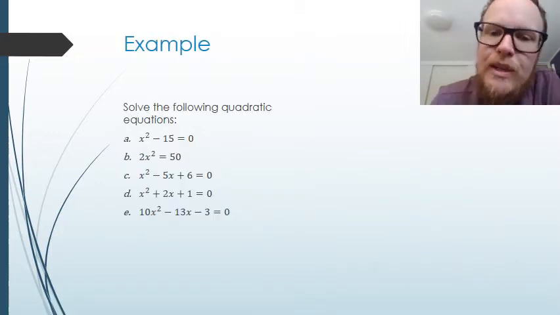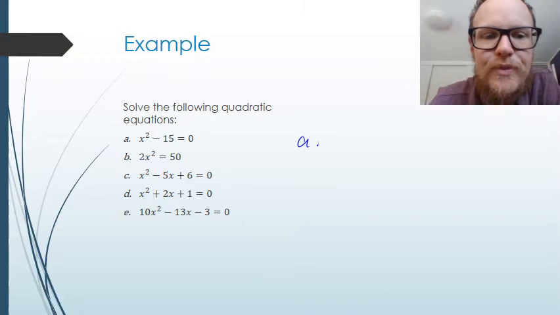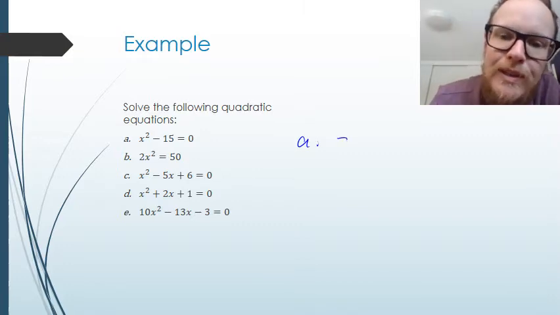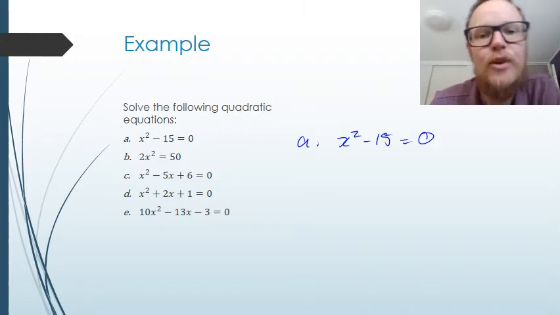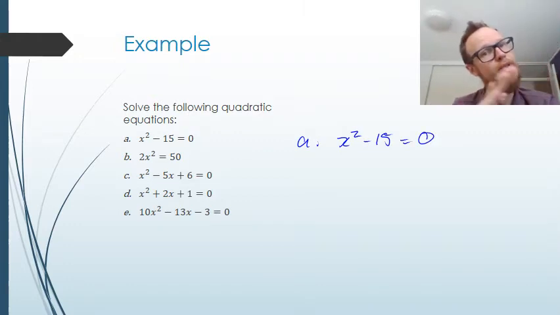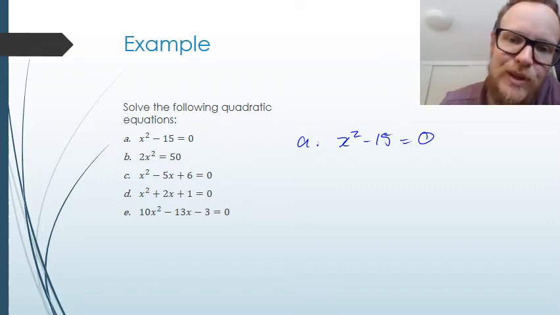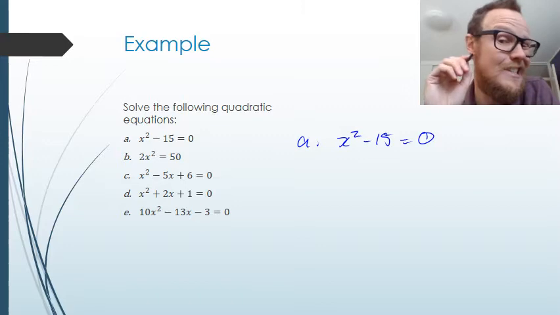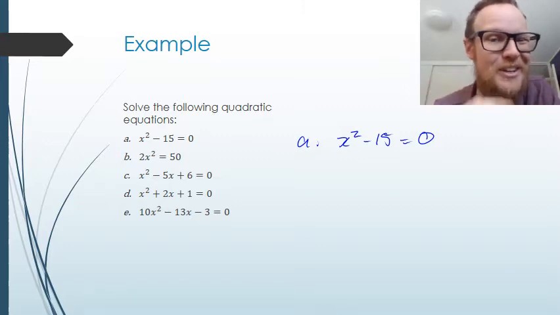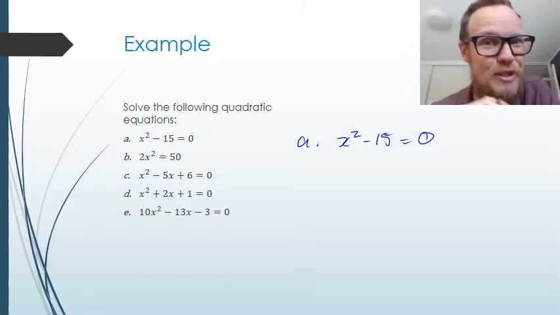Let's do that. So firstly, let's look at A here. We've got a simple one. It's x squared minus 15 equals 0. Already in that ax squared plus bx plus c equals 0 format. If I'm looking to factorize the left-hand side, I can see there's a difference. I've got an x squared, so I can do a difference of perfect squares.